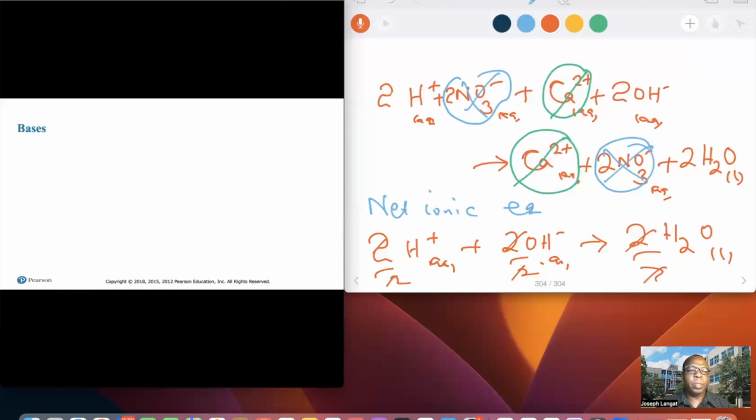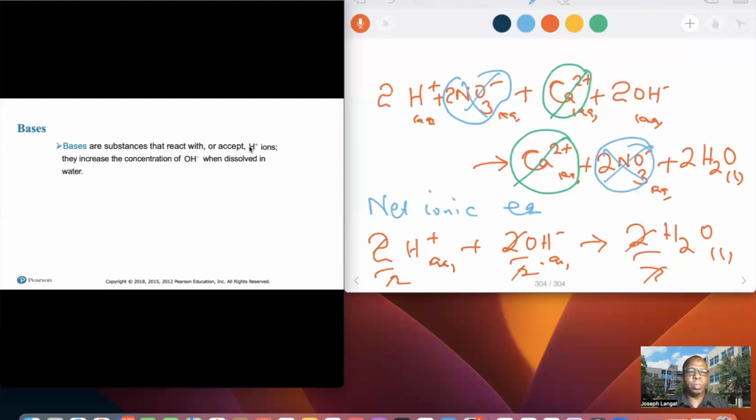I define base. Of course, you should know now that there are 3 definitions of a base: according to Arrhenius, according to Bronsted-Lowry, and according to Lewis. Bases are substances that react with or accept hydrogen ions. They increase the concentration of hydroxide when dissolved in H2O. So if I look here, react with or accept, this is the Bronsted definition of a base.